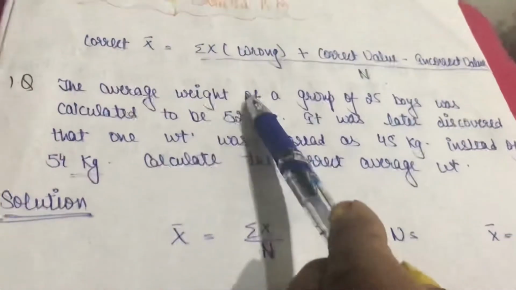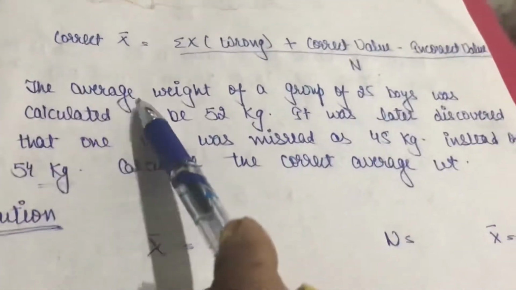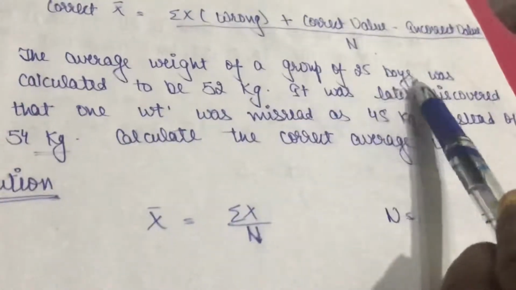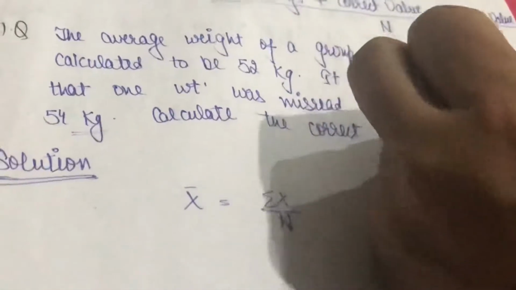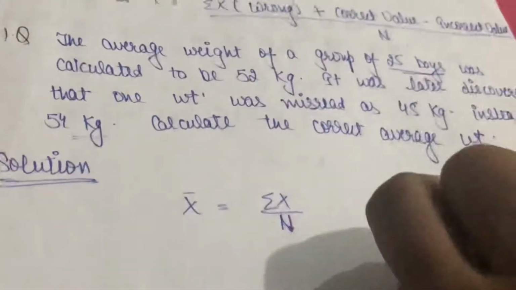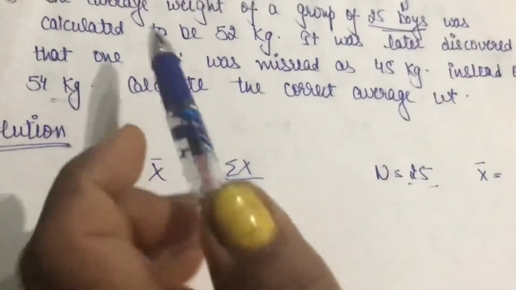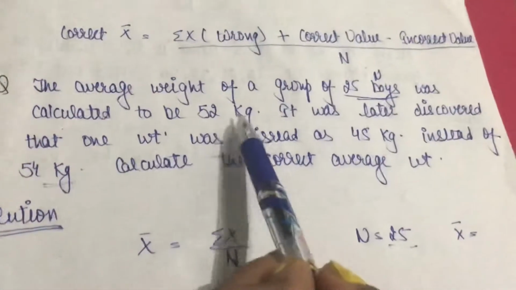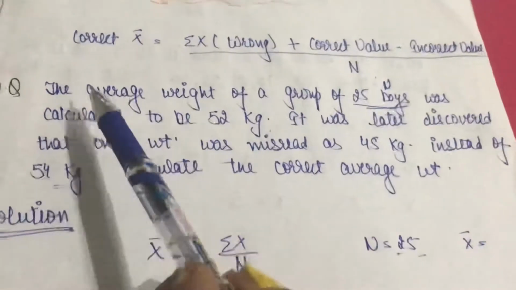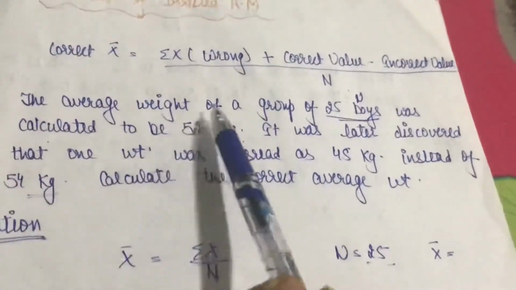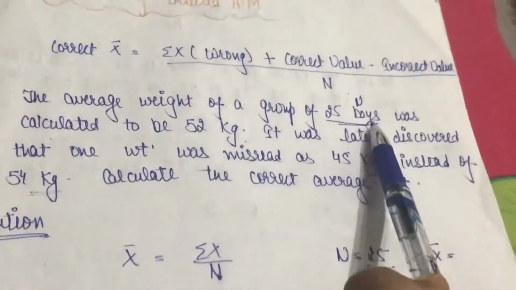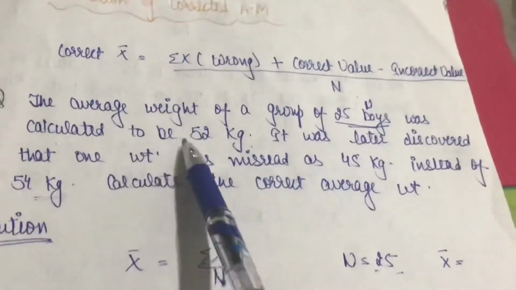This is the numerical: the average weight of a group of 25 boys. So 25 boys, it means this is the number of students. Number of students is 25, was calculated to be 52 kg. I am repeating again, the average weight of a group of 25 boys was calculated to be 52 kg.